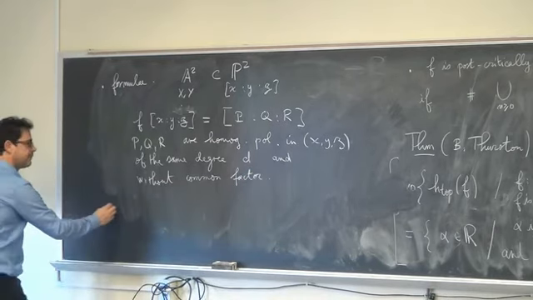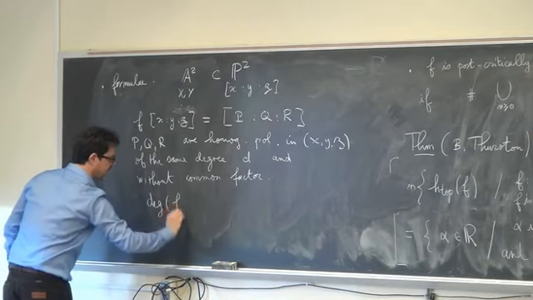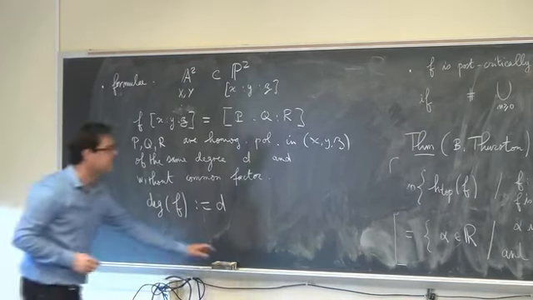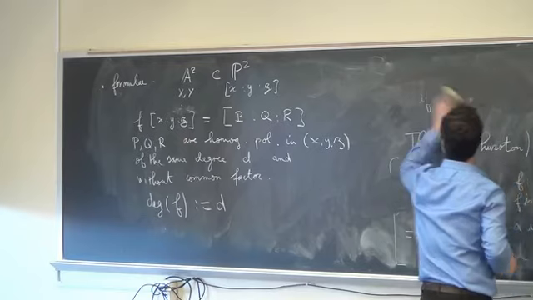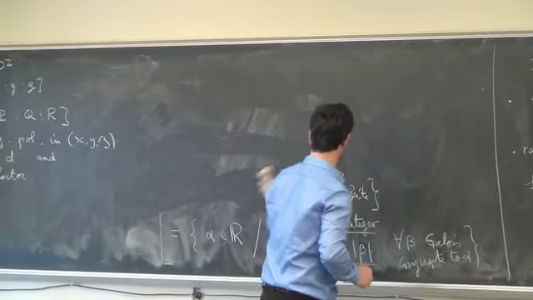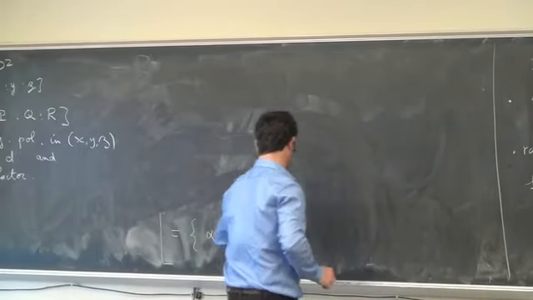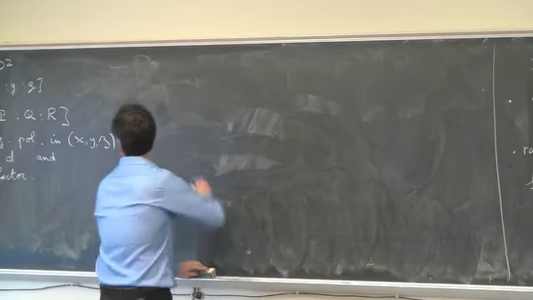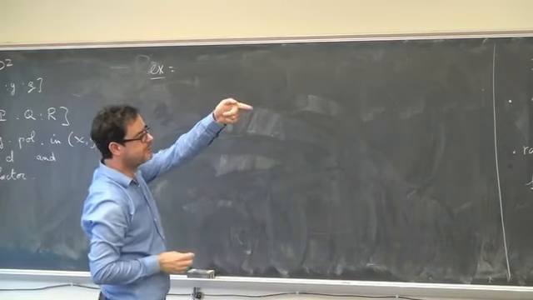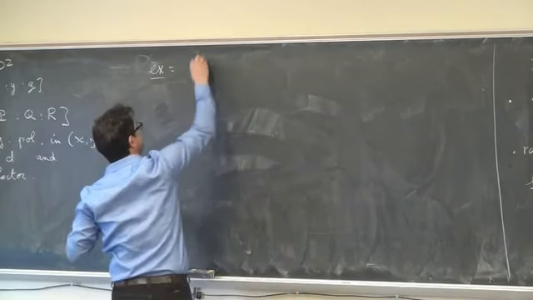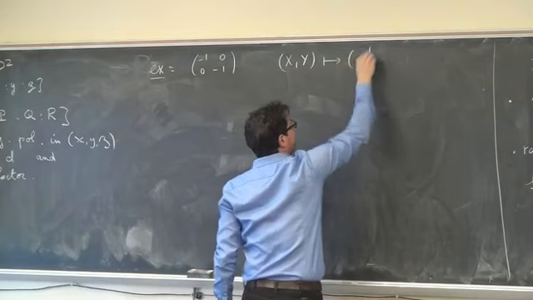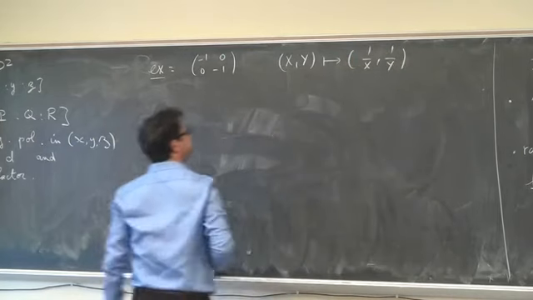So of course, the degree of f by definition is this number d. Let me give just one example. Take the monomial transformation which corresponds to the matrix minus identity: (x, y) goes to (1 over x, 1 over y).